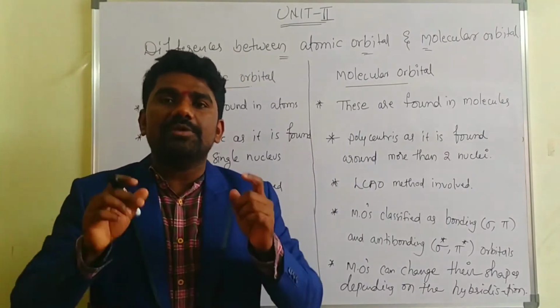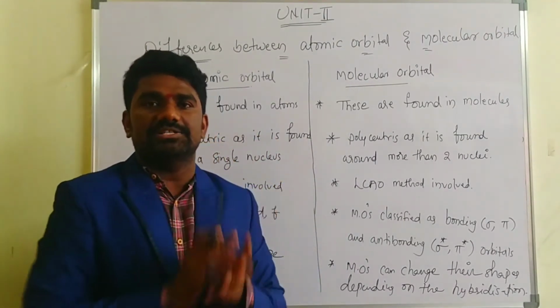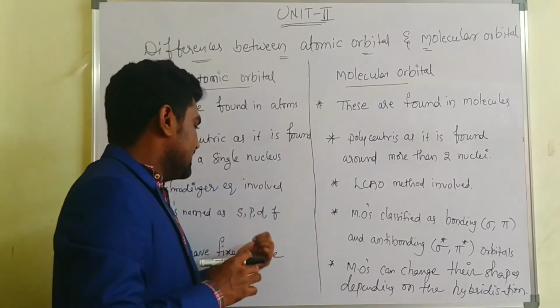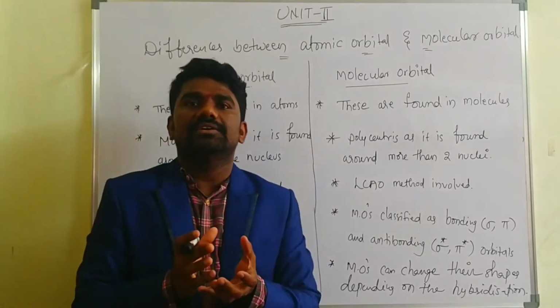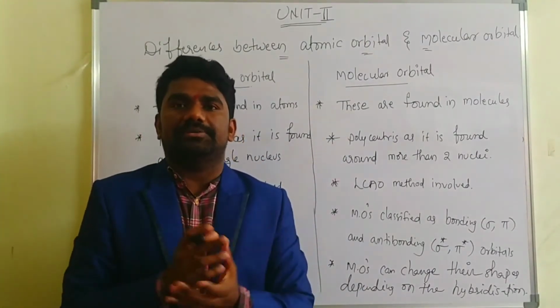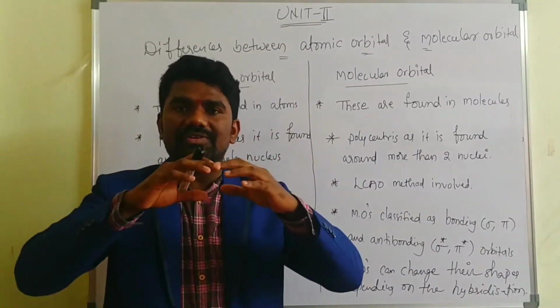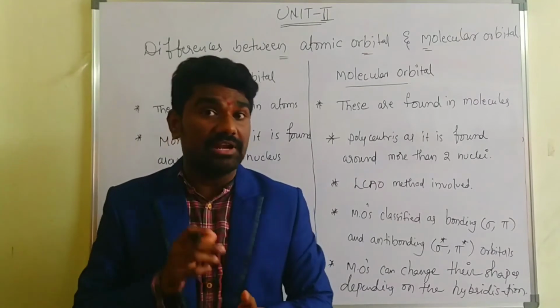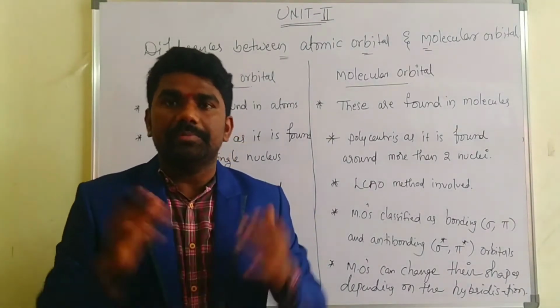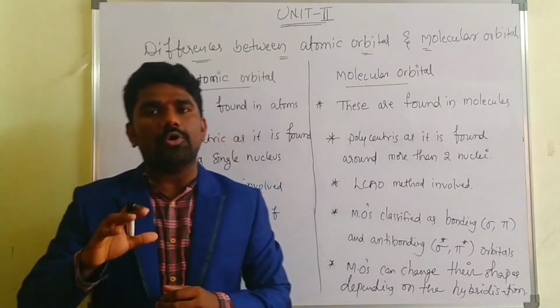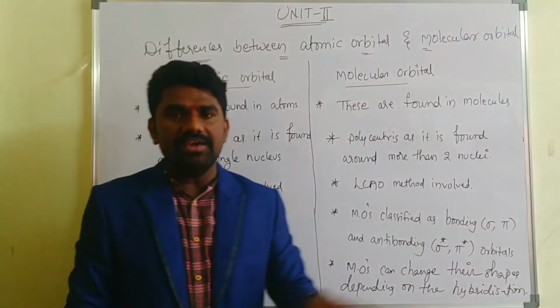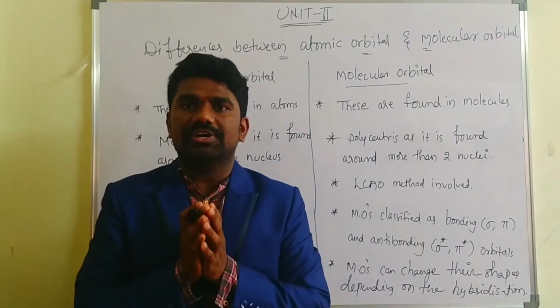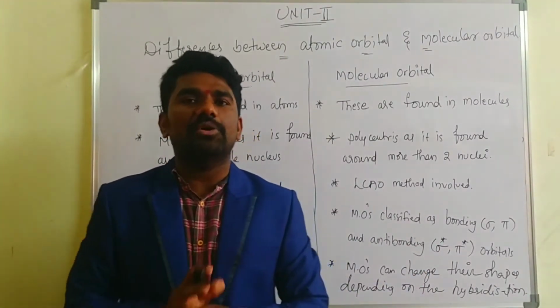The p orbital is always dumbbell shaped, and the d orbital is always double dumbbell shaped. That means the shapes of the atomic orbitals are fixed, and there is no change in them.